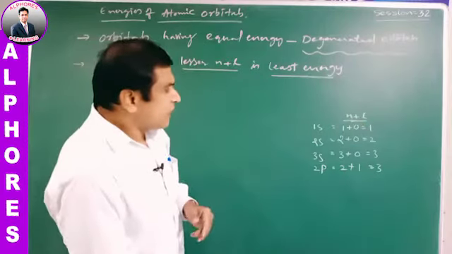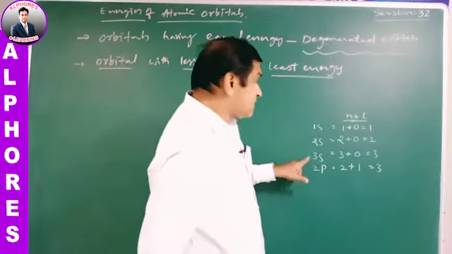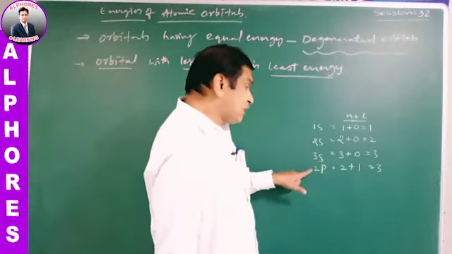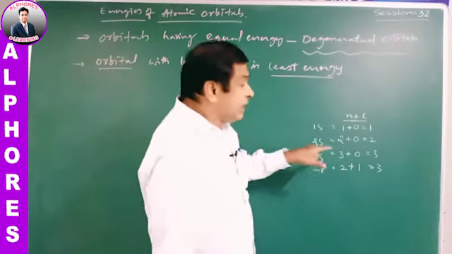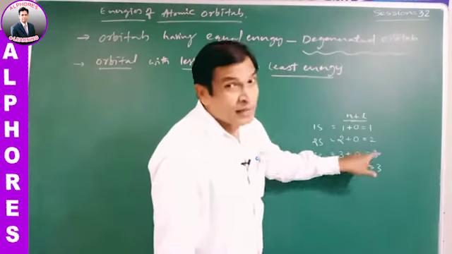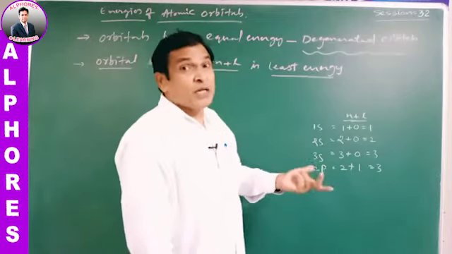Next, for these 2 orbitals, the 2p orbital and the 3s orbital, the n plus l value is the same. Then how can you decide which orbital has lesser energy?